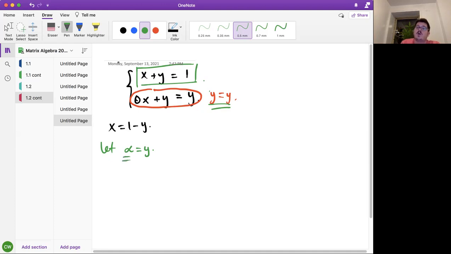It's dependent on y, yeah. x is dependent on y. So really, x is not free, because it's dependent. So what are the solutions? Well, x is dependent on y.